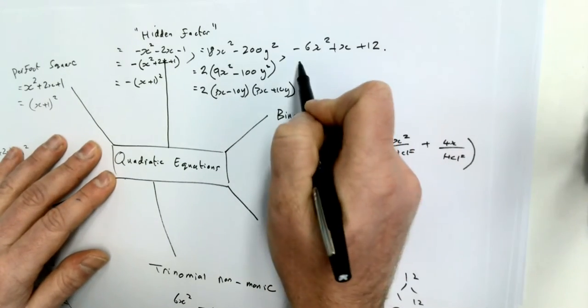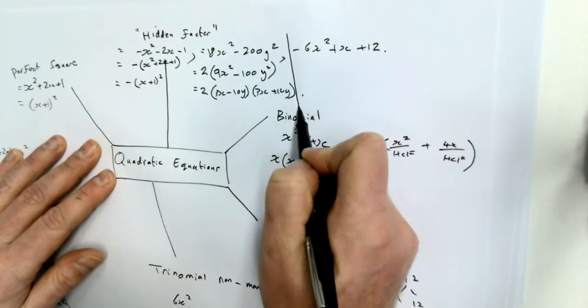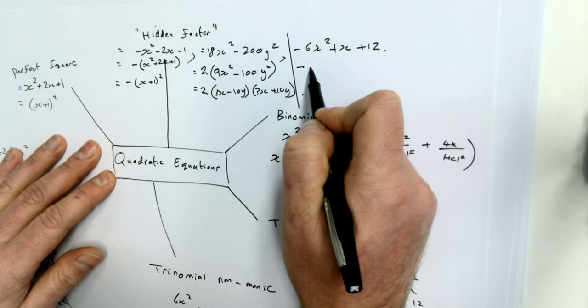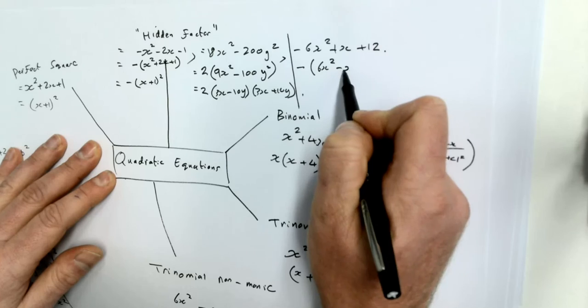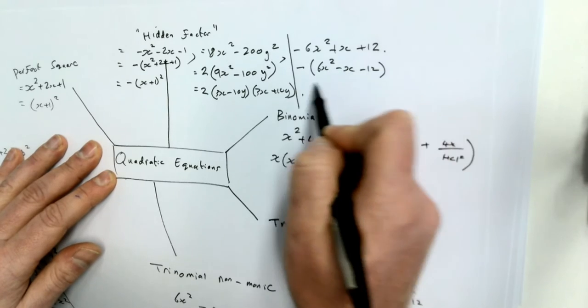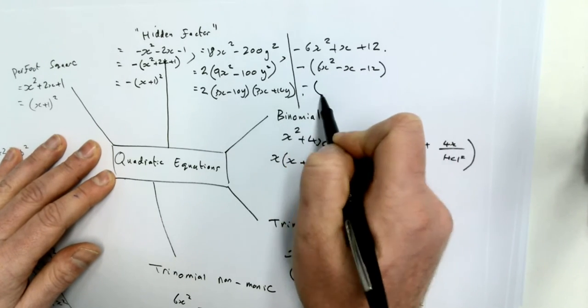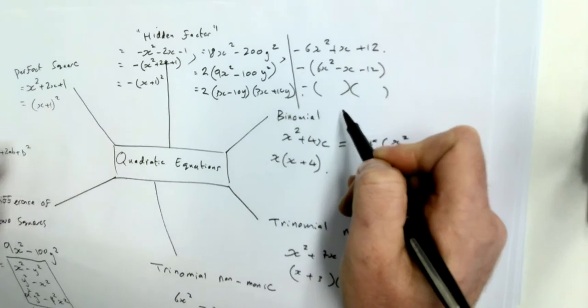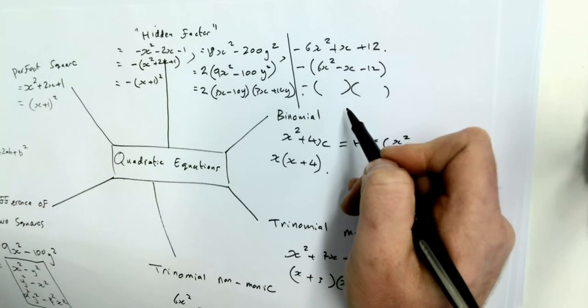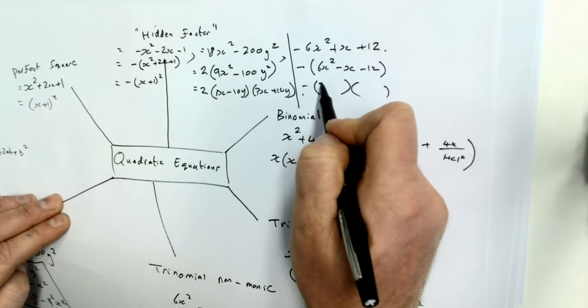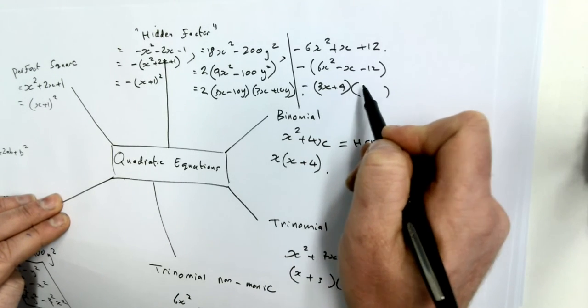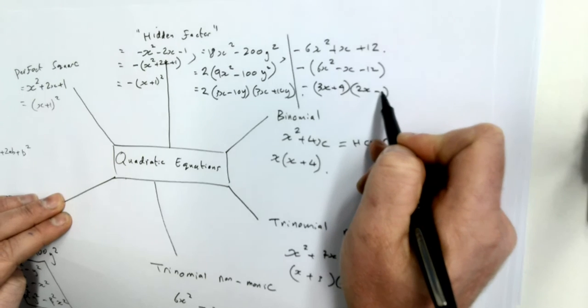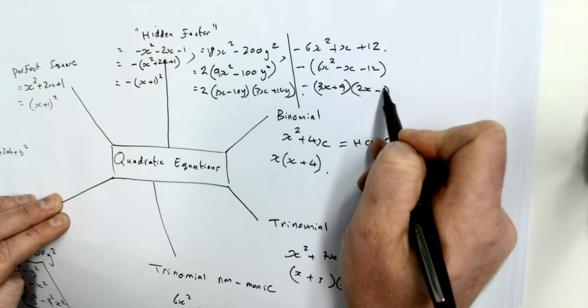And this lovely thing here, we can just factor out a negative to get 6x squared minus x minus 12, and this is the same as the factorization we did before, so we're going to get 3x plus 4, 2x minus 3.